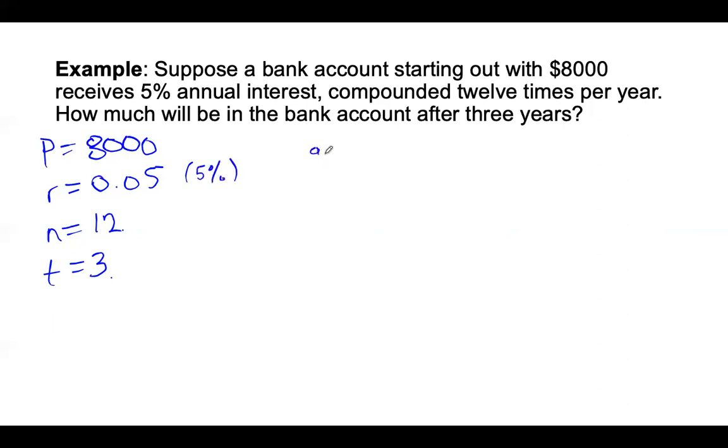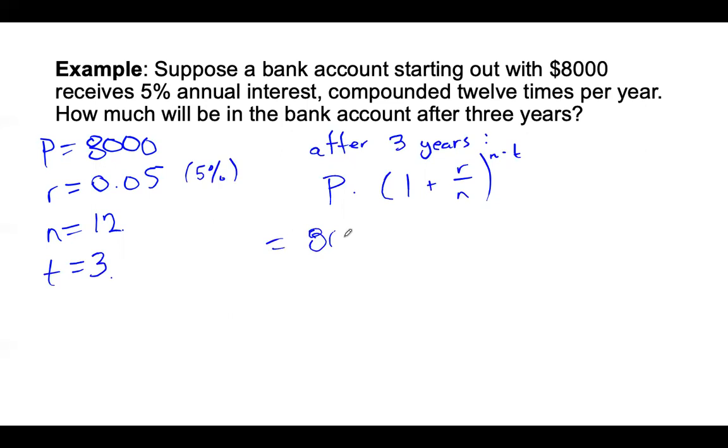So after 3 years, we can apply this formula, 1 plus r divided by n, exponent n times t. So let's apply it.